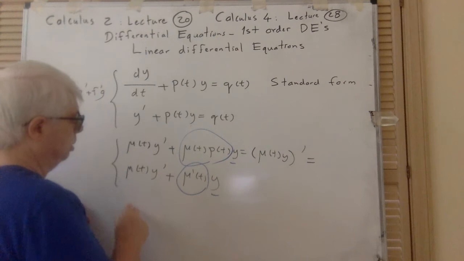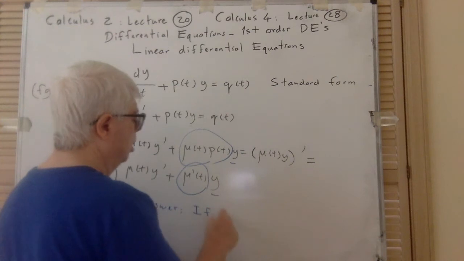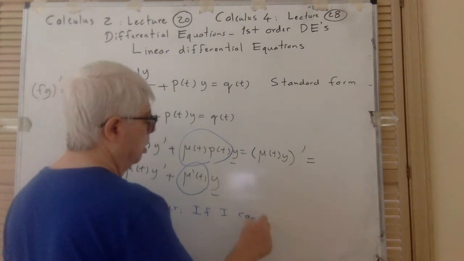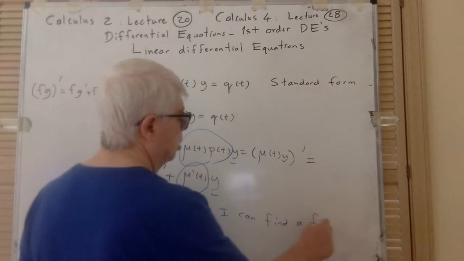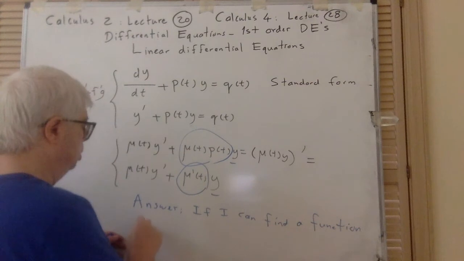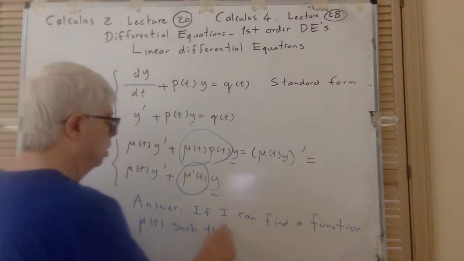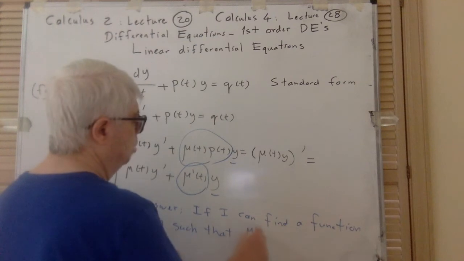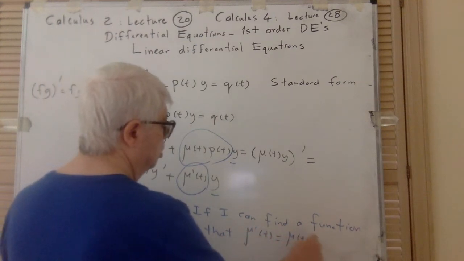So the answer is, if I can find a function mu(t) such that mu prime(t) equals mu(t) p(t).